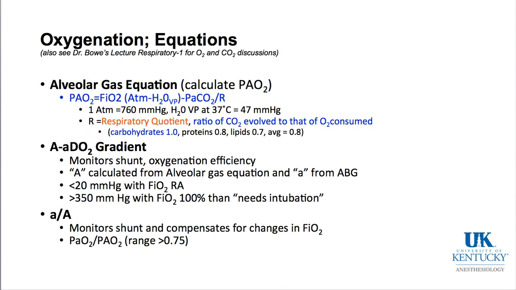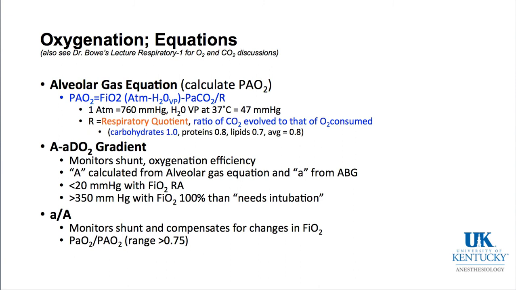Now some oxygenation equations. Alveolar gas equation is the most important. Dr. Bowe touched on some of these, but we will go over it now. Alveolar gas equation is the way you calculate the PAO2, or what the alveolar oxygen levels in millimeters of mercury should be.